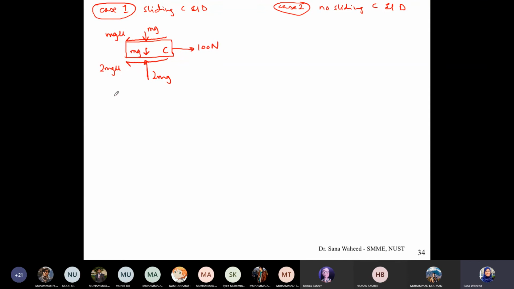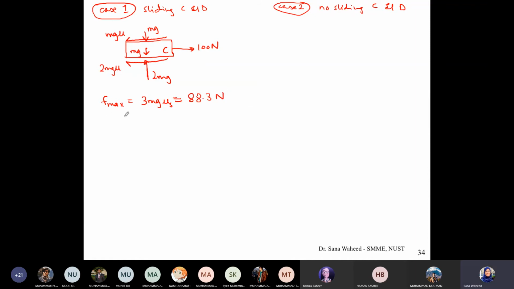Right? So in this case, my F max, if I assume that it is all static, is 3 mg mu s, which turns out to be 88.3 newtons.